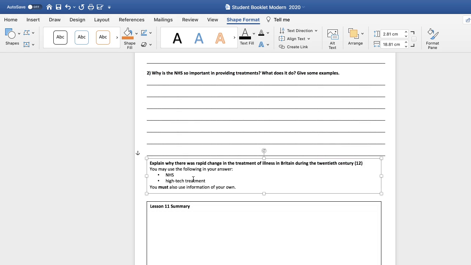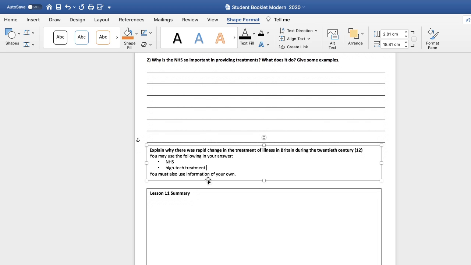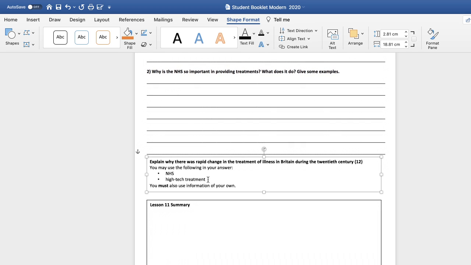And it gives you your 2 stimulus points, NHS and high-tech treatment. So you can plan this in the lesson summary. I'm happy for you to do that. If you would like to, think about just a sentence explaining that.